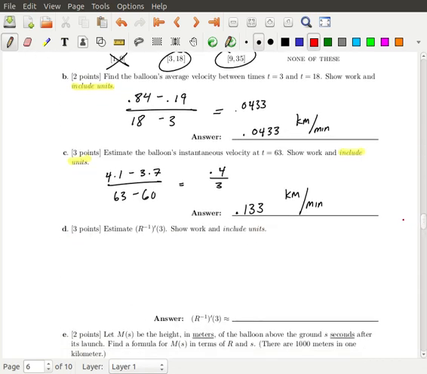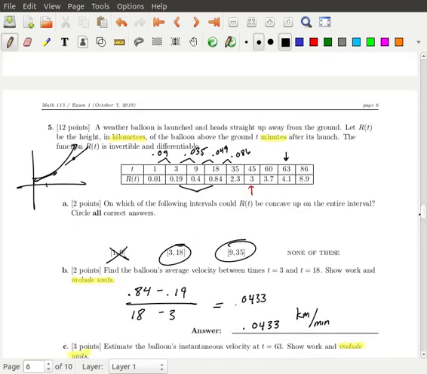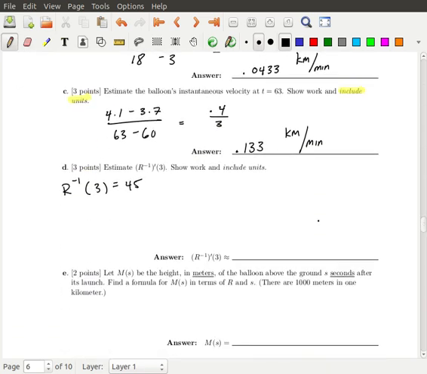So I'll write down a couple points here. We have R inverse of 3 is 45, and then for another nearby point, either one is fine. Let's do that one, 3.7 and 60. So we have R inverse of 3.7 is 60. And so if we want to estimate R inverse prime of 3, we're going to do the slope between these 2 points.